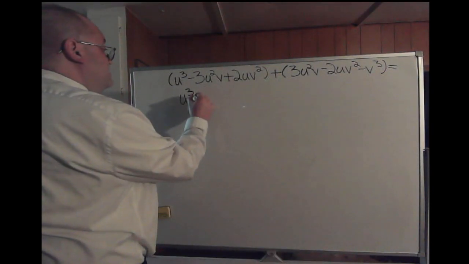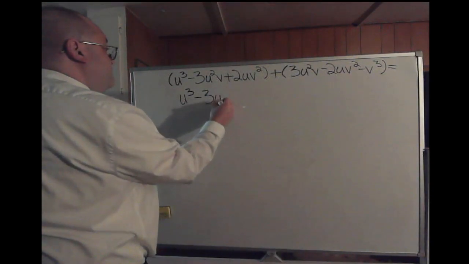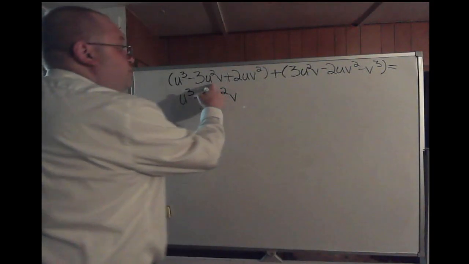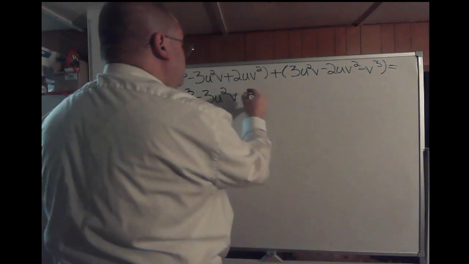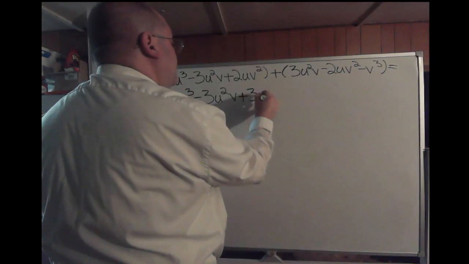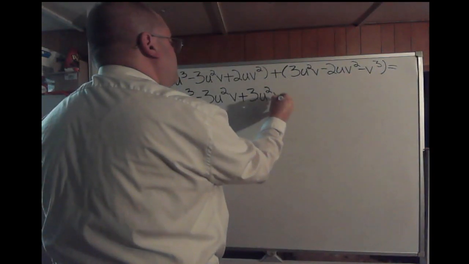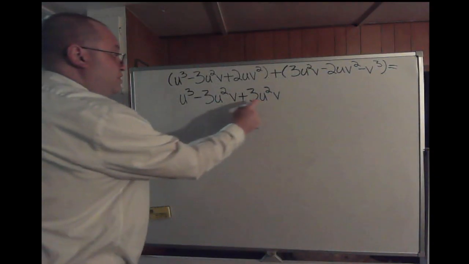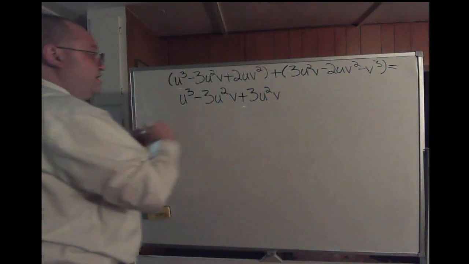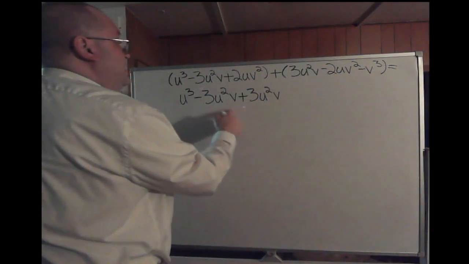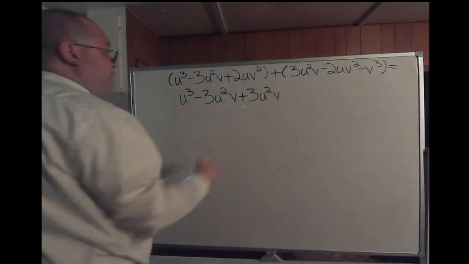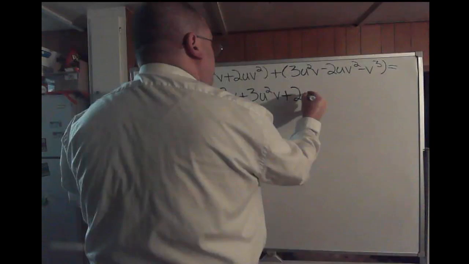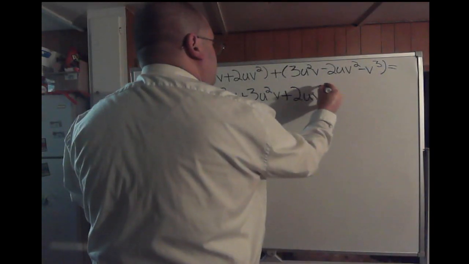Now we have minus 3u squared v. Do we have any other u squared v terms? We do. We have a plus 3u squared v. Alright, so we've collected. These two are like terms because each variable on the monomial is the exact same. Now let's do plus 2uv squared.